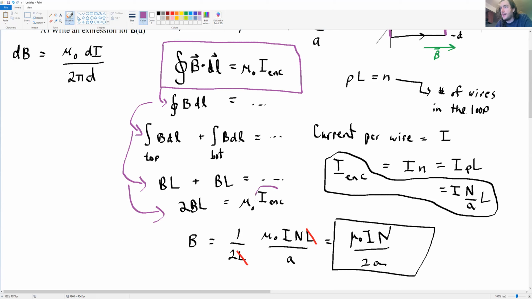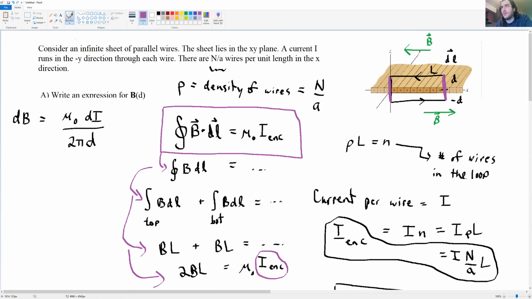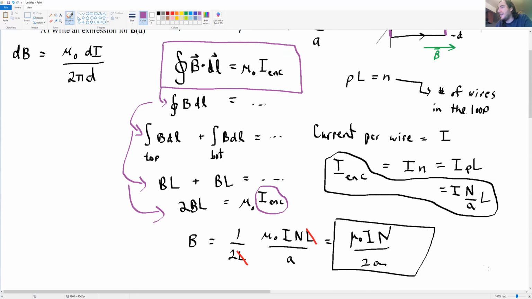And then we need to figure out how to get I enclosed, which was a lot simpler than I was initially thinking because I was a little bit confused. It says right here, a current I runs in the Y direction through each wire. And that's the part I just kind of spaced out on. So if I is the current in each wire, the current enclosed here is going to be I, the current in each wire, times the number of wires, which is N over A. That's the density of wires, times L, the length, right?